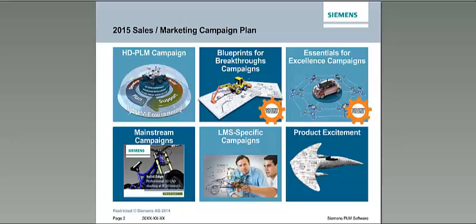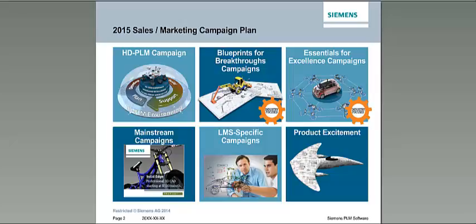When we are talking about Essentials for Excellence, they are completely industry focused. As you know from last year, when you also attended the AP Go event in the beginning of this year, you saw that we have all of that with an industry focus and a business conversation, and not necessarily just product, as we do in product excitement.